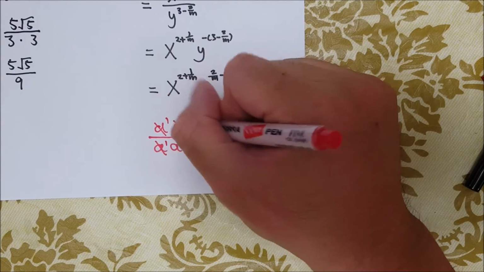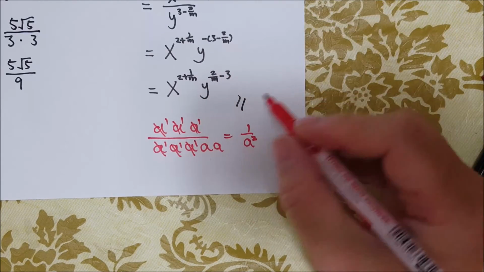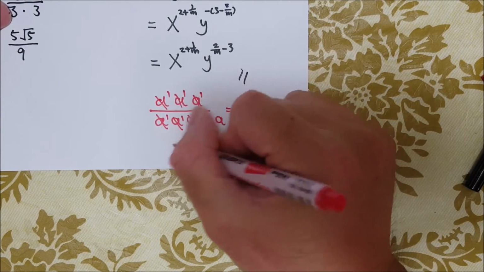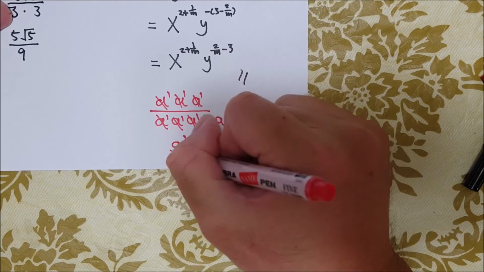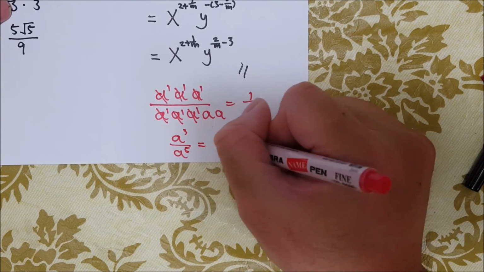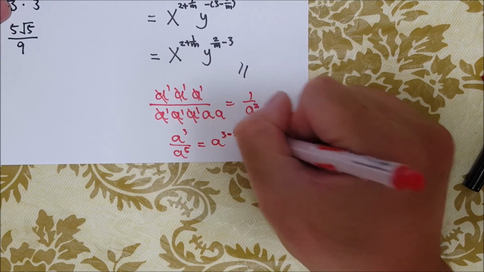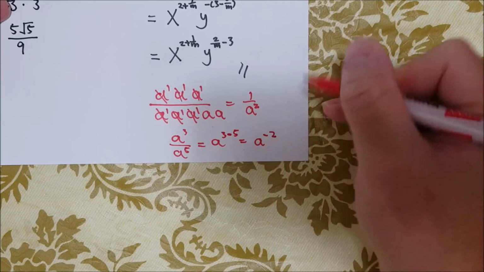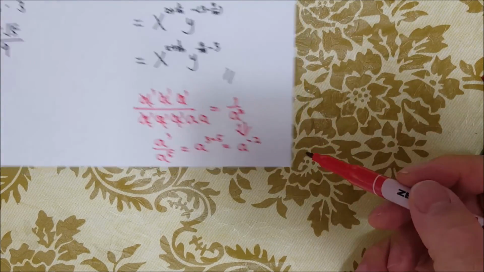But by index theory, we can write like this: 3, 4, 5. We can represent it this way. Can you see that?